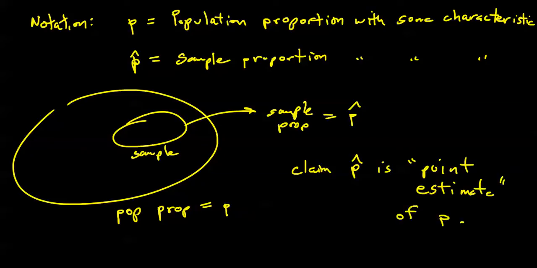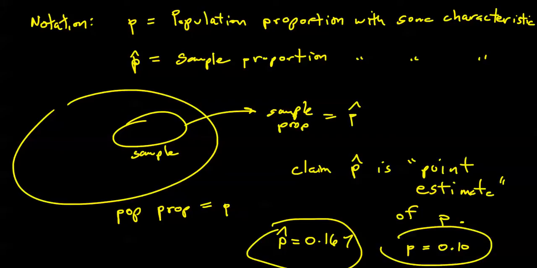Point meaning it's just one number, one point on our number line that may or may not be a good estimate of p. In our previous example, p hat was 0.167, and again, little p, the generally accepted value, is 10% of the population being left-handed. You're using this to estimate this.